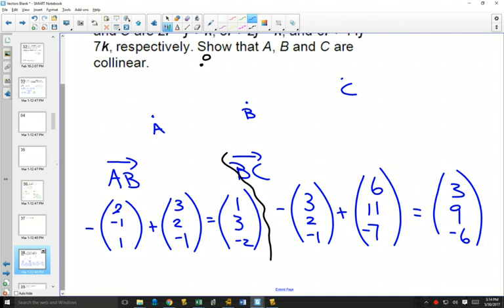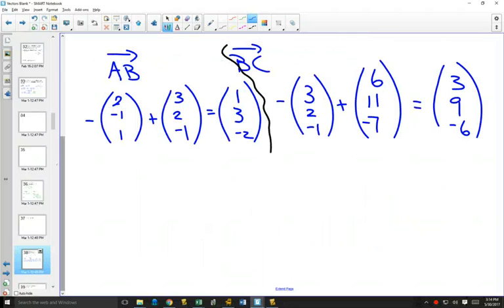So how does that help us? I figured out A to B was 1, 3, negative 2. I figured out B to C was 3, 9, negative 6. Yes. 3 A to B's is equal to B to C. So what does that mean? Sure, that's true.